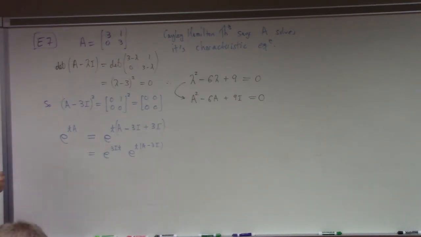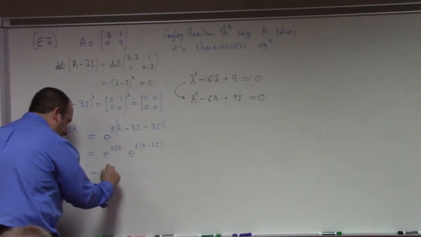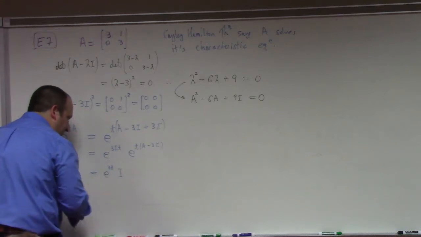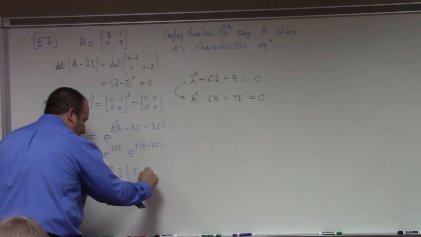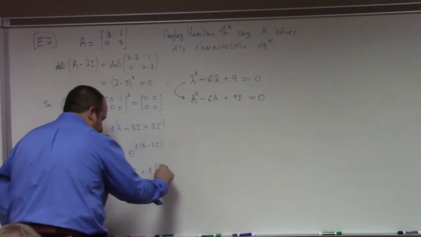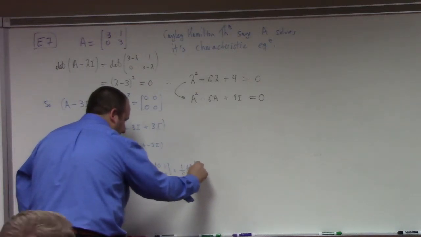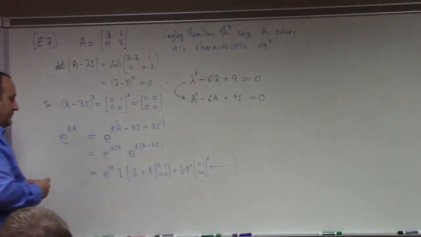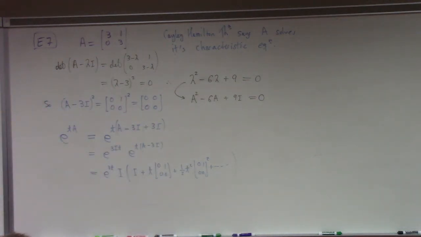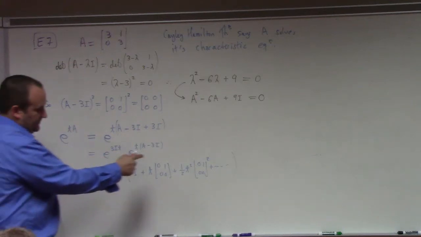If you work this out, that first one just gives you e to the 3t times the identity matrix. And this one here, we can write it out. This is the identity matrix plus t times 0, 1, 0, 0 plus 1/2 t squared times 0, 1, 0, 0 squared, and so forth. But I don't really need to write anything more, because already I wrote something which is 0.